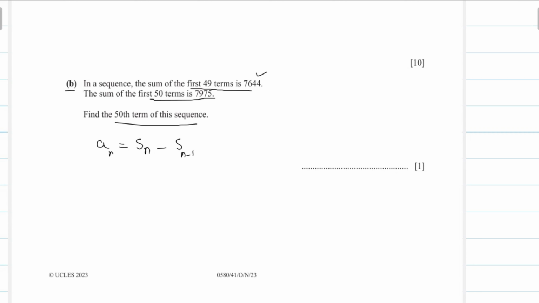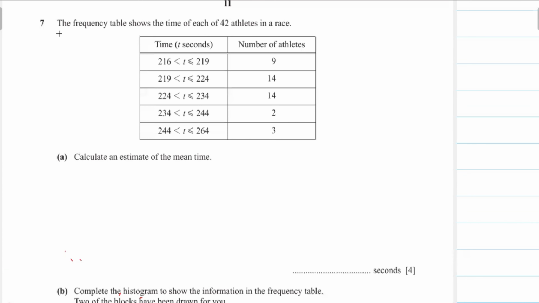This is the an. You see here S50 minus S49. This will be equal to A50, and this is 7975 minus 7644. This will be equal to 331. This is the answer.